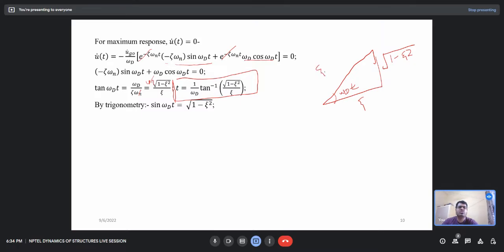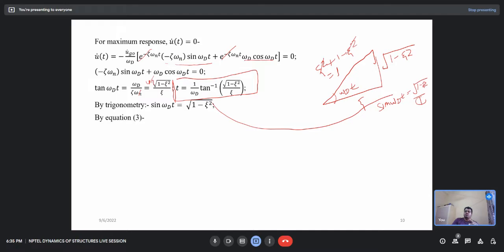This will be xi square plus 1 minus xi square, which cancels out, so this will remain 1. So what will be my sin omega d t? Sin omega d t becomes square root of 1 minus xi square divided by 1. Simple. Okay, now we have to put this value in equation 1, where we got the value of u(t).